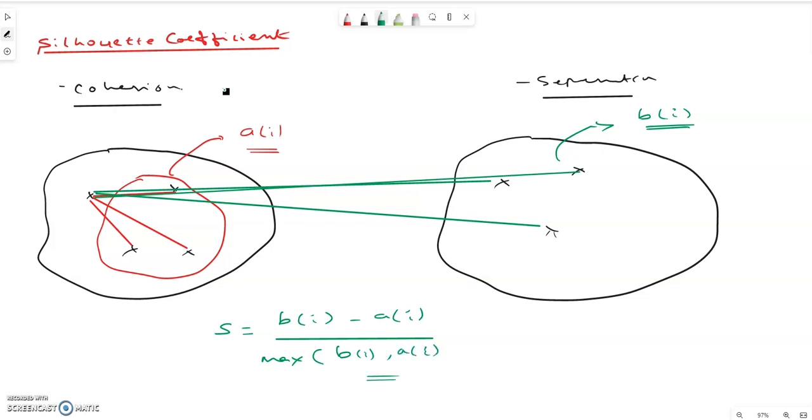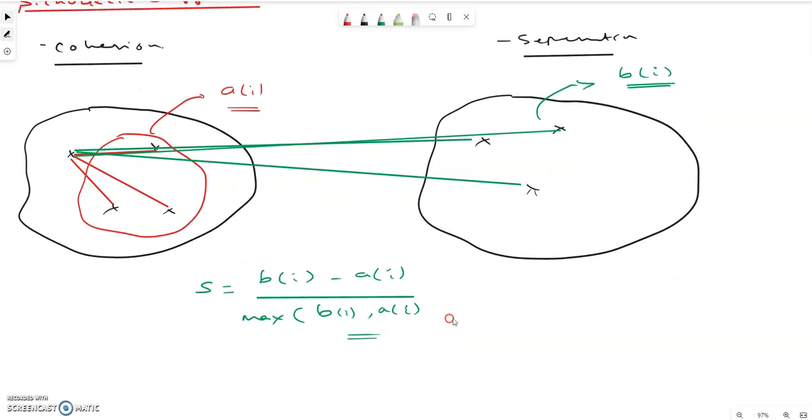Now here let us understand this equation. Suppose b(i) is greater than a(i), then in that case it's going to have a big separation. These two clusters will have a big separation. And in that case, we can directly say that this model has performed very well in clustering algorithm.